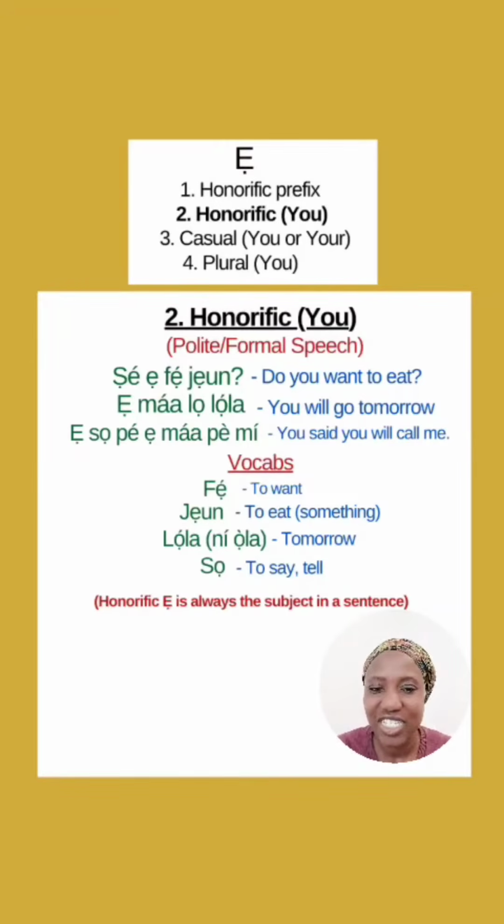Tomorrow. When it contracts together, it becomes lọ́la. Ní ọ̀la. Mo máa lọ lọ́la. Ẹ máa lọ lọ́la. A máa lọ lọ́la. Ó máa lọ lọ́la. We will go tomorrow. You will go tomorrow. They will go tomorrow. A máa lọ lọ́la. Okay.